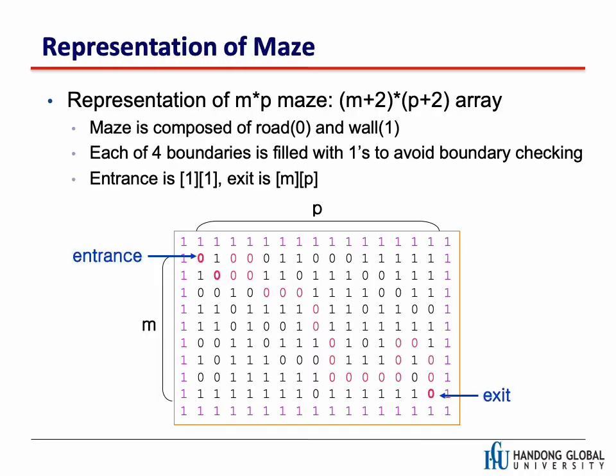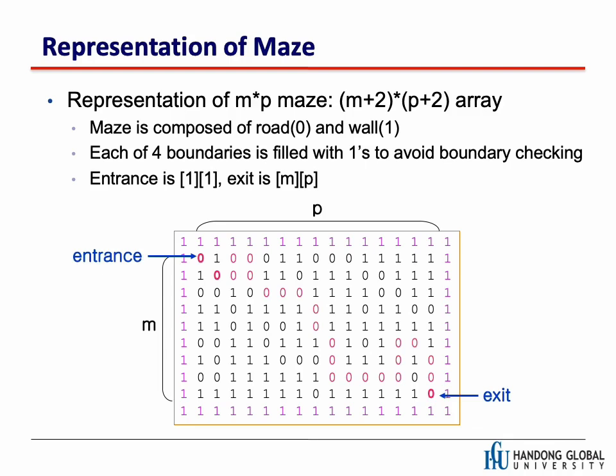As we've seen in the previous slide, we want to represent our maze in this way. We have lots of ones and zeros, and the ones are closed and zeros are open. For an m by p maze, we have an m plus 2 by p plus 2 array. Plus 2 means the walls.